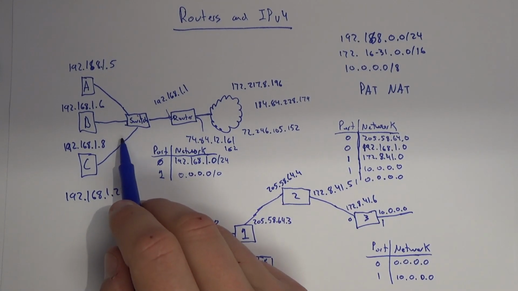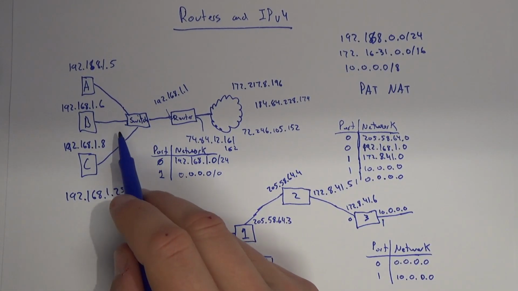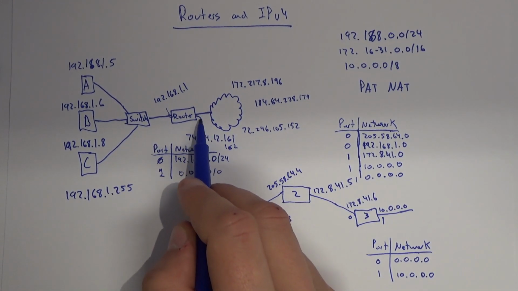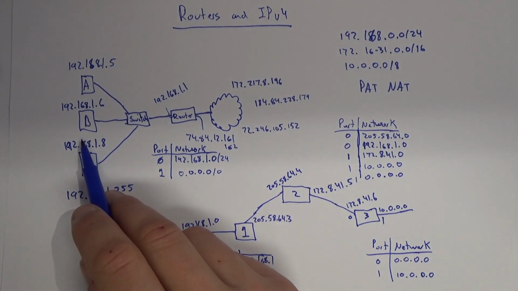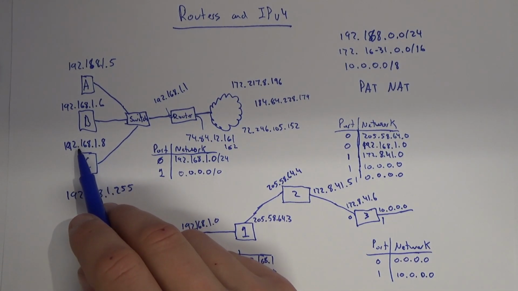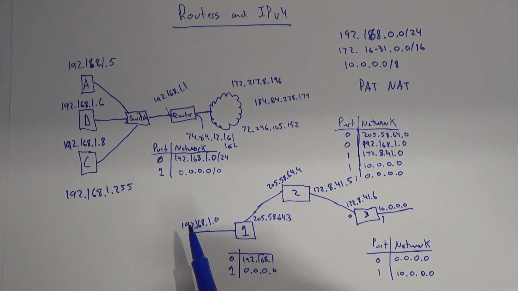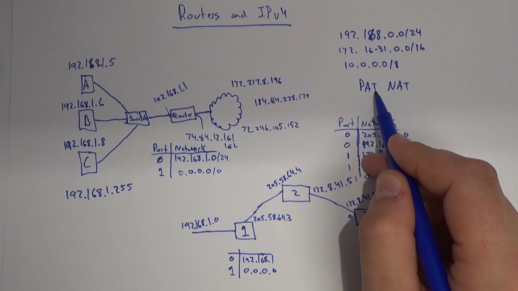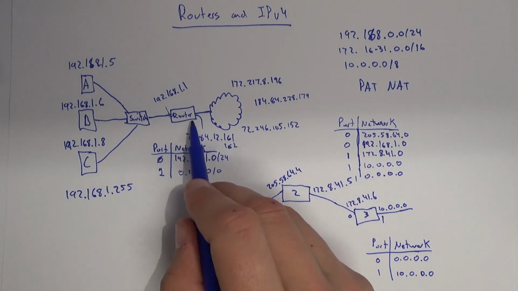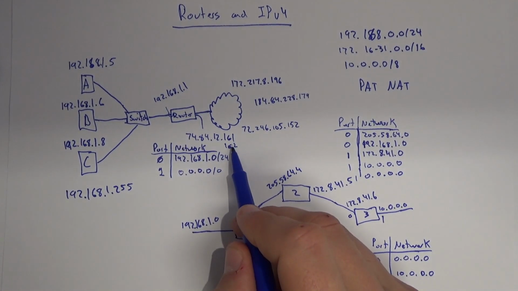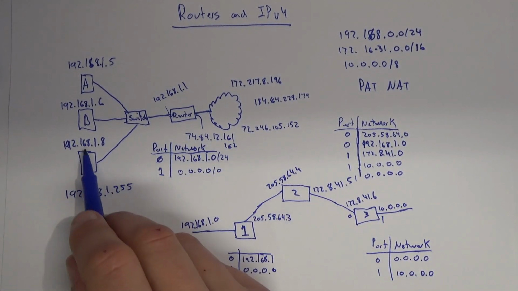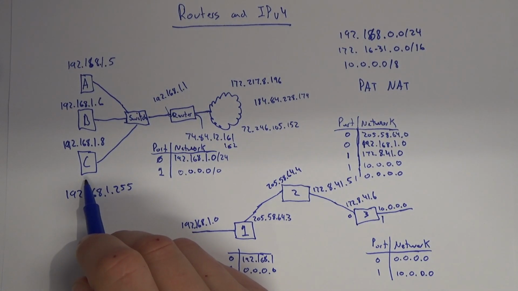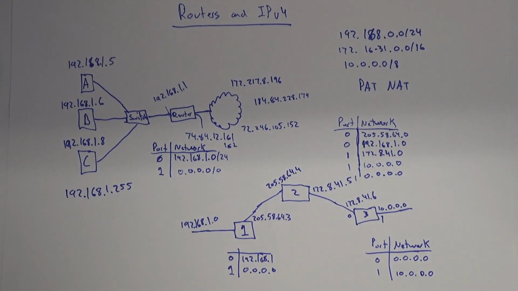Now the problem with this is that public IP addresses are very limited and therefore very expensive. So if you have a company that has 100 or 1,000 computers inside of it, that could become exceedingly expensive to have an external public IP address for every internal device. And in fact, it's impractical. Nobody does that. So the reality is we're going to use what's called PAT, or port address translation. And so what that means is the router, instead of assigning a unique IP address to each computer inside the network, is just going to assign a specific port.